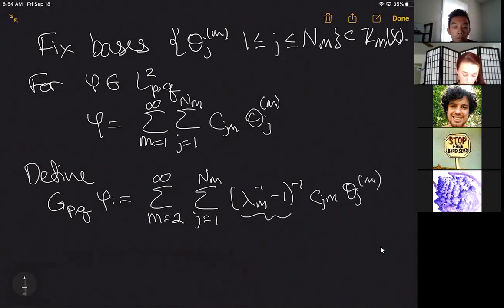So I'm going to rewrite this as lambda sub m over 1 minus lambda sub m, but they're equal. So that's our Green operator.